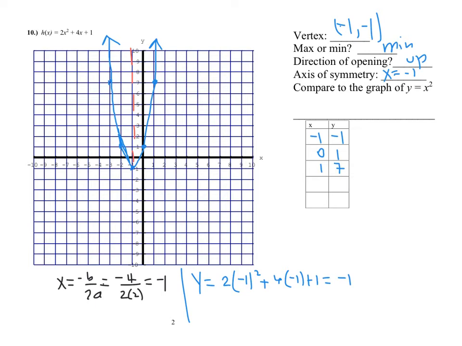And what can I tell about my graph? Let me write all the transformations I see here. I see it's narrower, so vertical stretch, and I can also say it's translated.